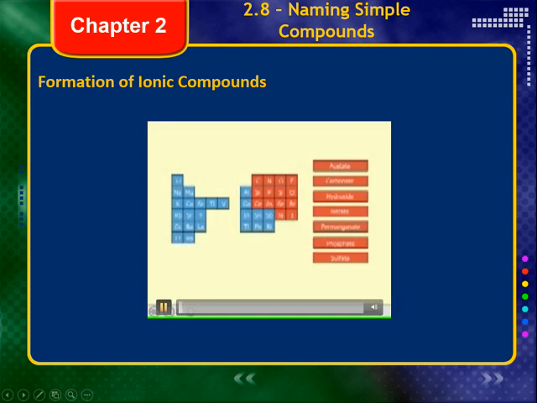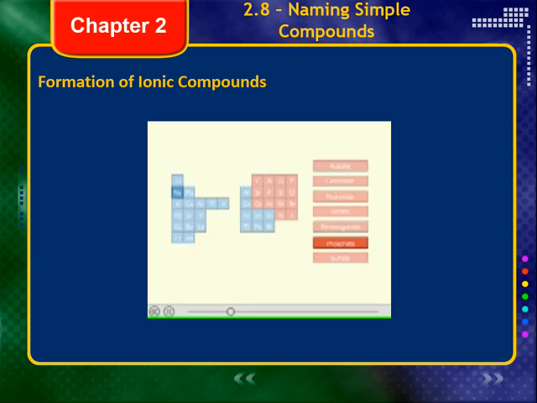To work out the formula of an ionic compound, we first select a cation and an anion. Some possible cations are shown here in blue, and some possible anions are shown here in red. Note that the anion might be an oxoanion or other polyatomic anion. Suppose we choose the sodium ion with a +1 ionic charge as the cation and a phosphate ion with a -3 ionic charge as the anion.